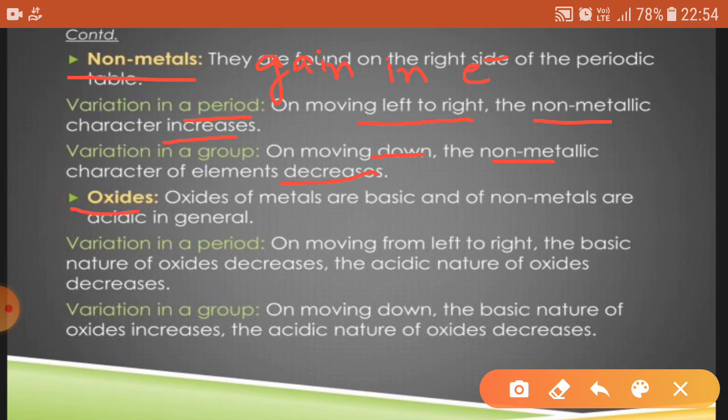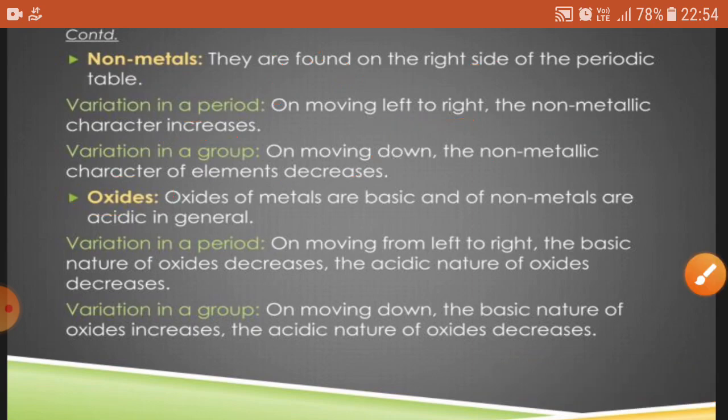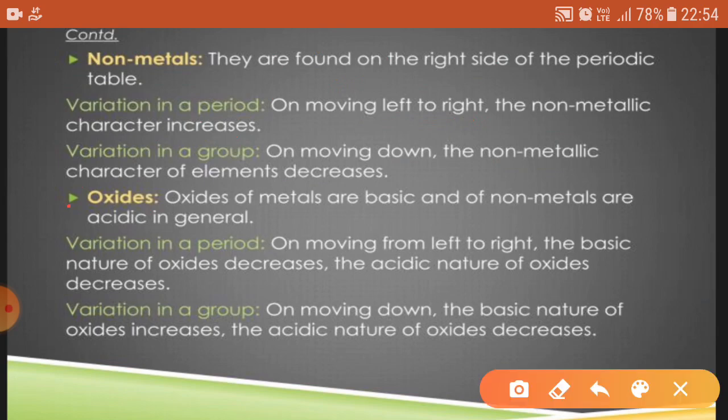And what about the oxides? Oxides basically depend upon the metallic and non-metallic character. Metallic character forms basic oxides. If it increases, it means basic oxides increase. But on moving from left to right, metallic character decreases.